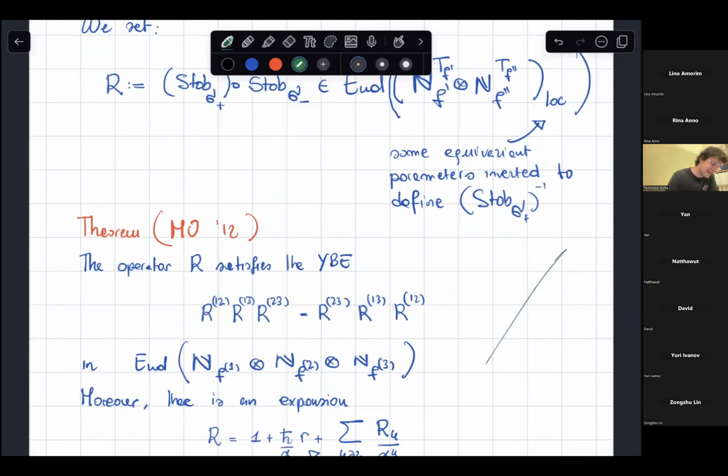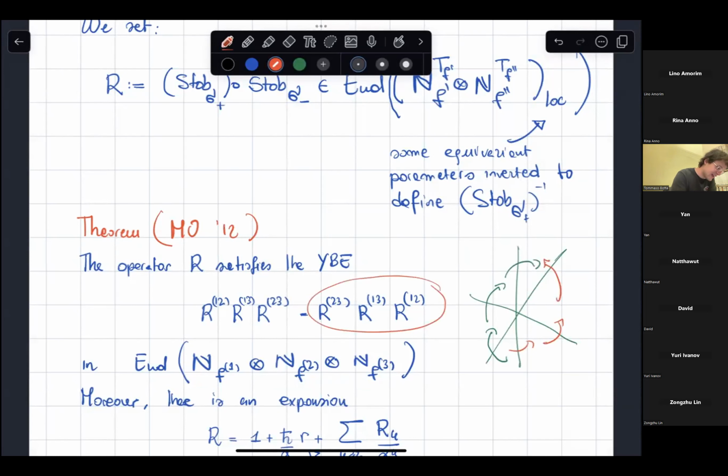The argument here, I will not explain in detail, but it's some kind of wall-crossing argument. Since I'm adding more pieces in my tensor product, I will have exactly 3 hyperplanes, so I can jump between chambers in 2 different ways. And these 2 different ways reflect the 2 sides of my Yang-Baxter equation.